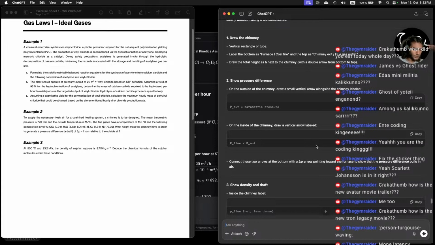How do I visualize this? For the chimney diagram, the flue gas, would it go and stick to a roof?